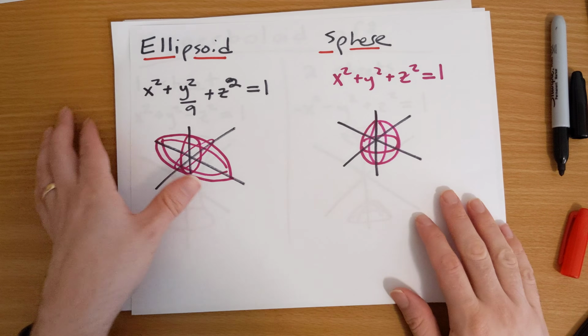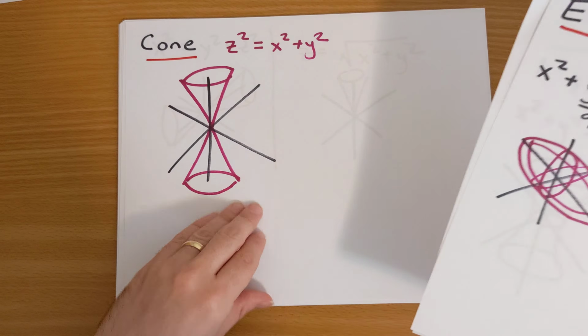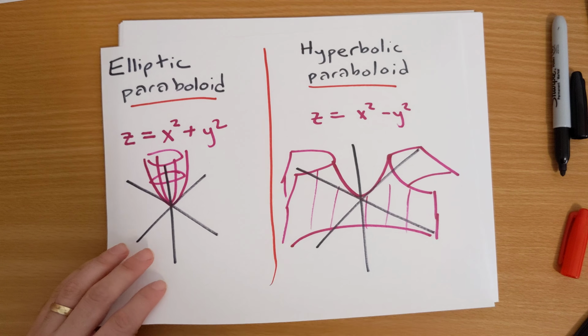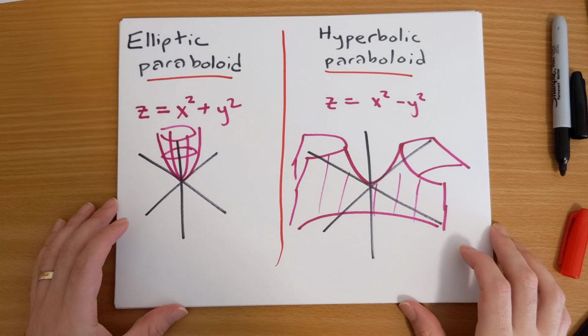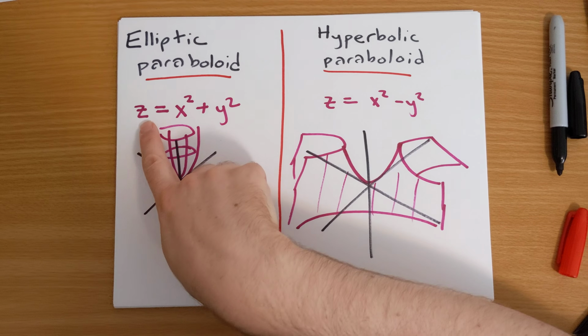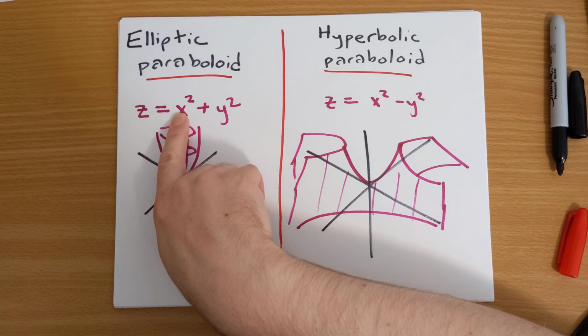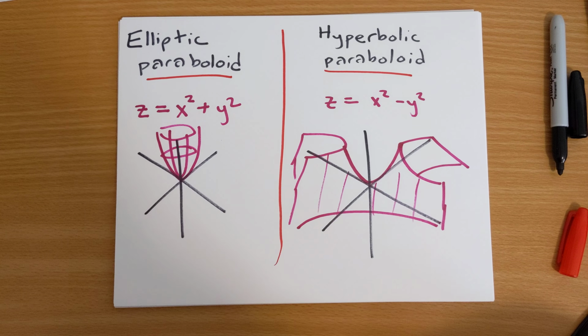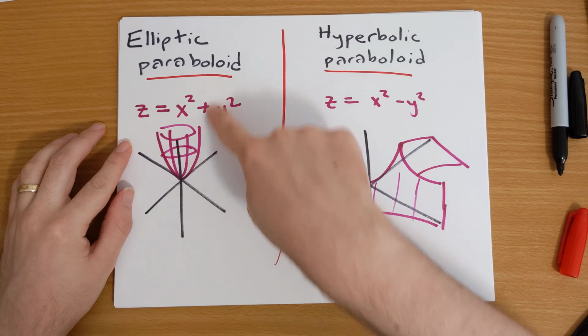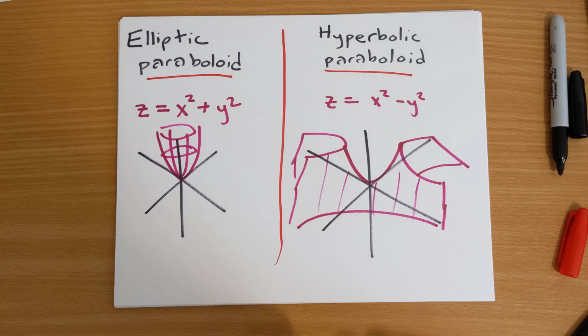So now the last two that we're going to look at are going to have some purely linear terms in them. And so here we see the elliptic paraboloid and the hyperbolic paraboloid. Z is equal to x squared plus y squared is an example of an elliptic paraboloid. These curves here are parabolas opening upwards.